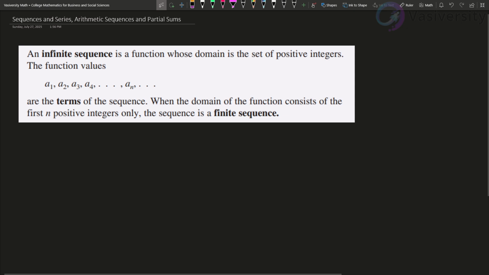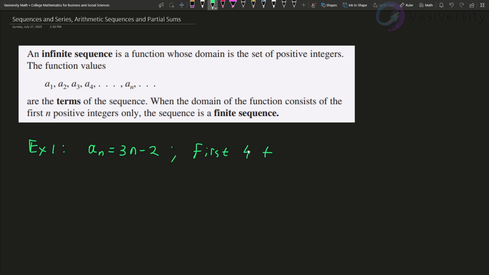Okay, so first example, let's try to find the following. Example 1: write down the first four terms of the sequence a sub n equals 3n minus 2. So a sub 1 is 3 times 1 minus 2, which is equal to 1.